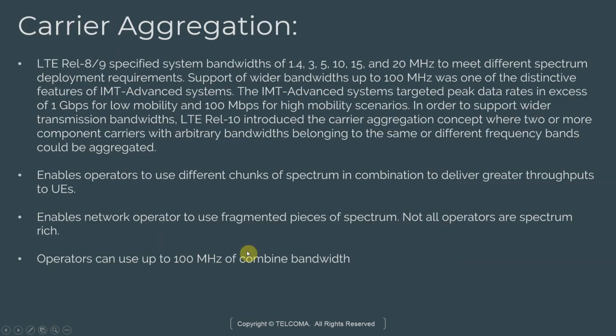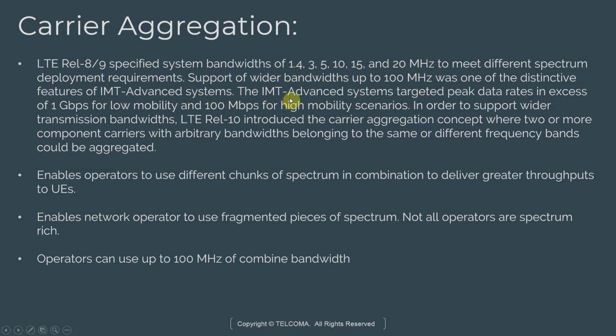So starting off with the first new capability that was introduced in LTE Advanced, let's talk about carrier aggregation. LTE release 8 or 9 specified system bandwidths of 1.4, 3, 5, 10, 15, and 20 megahertz to meet different spectrum deployment requirements. Support for wider bandwidths up to 100 MHz was one of the distinctive features of IMT Advanced systems.